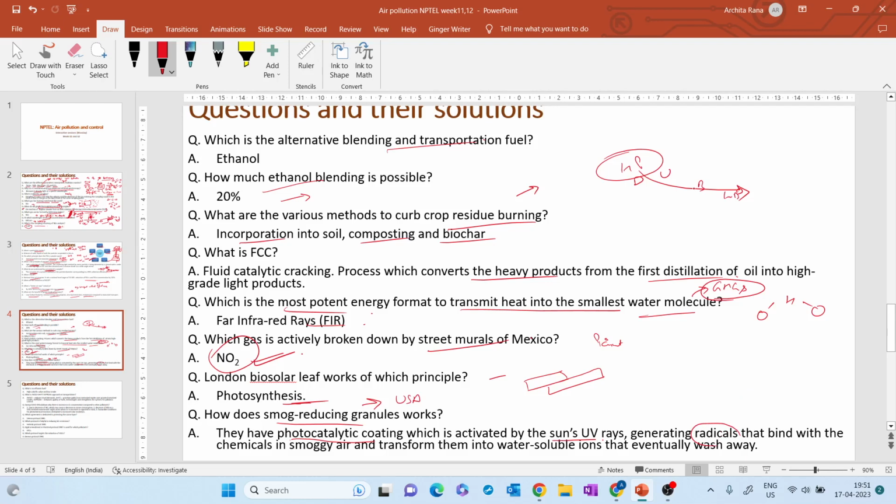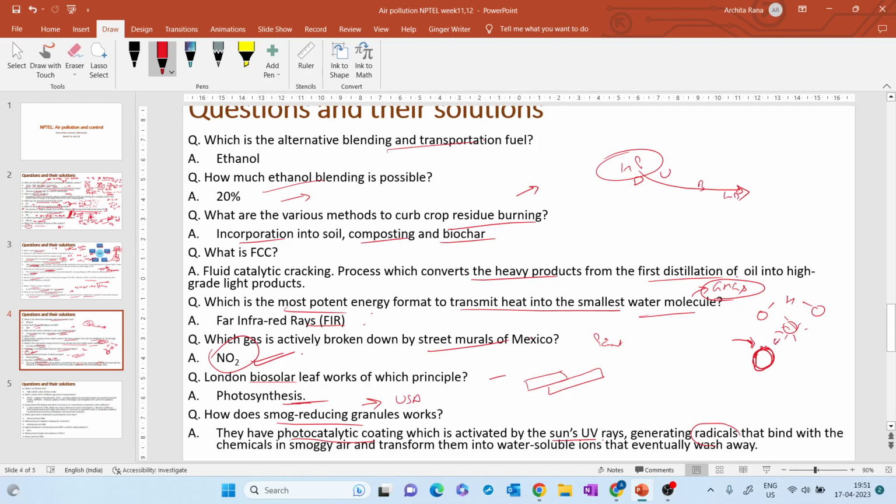And so if these are granules and they have this photocatalytic coating, the air which comes in contact with these granules binds, okay, and there is sunlight. So as soon as the sunlight comes, these granules become activated.